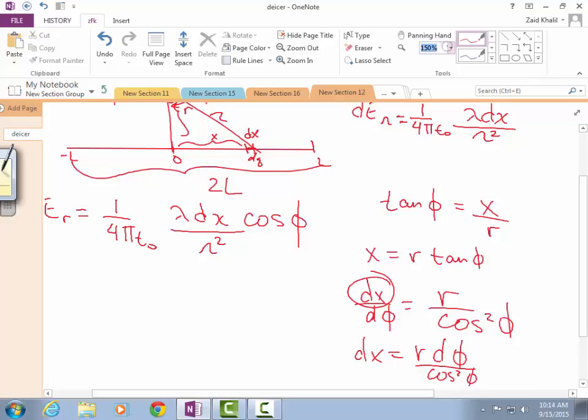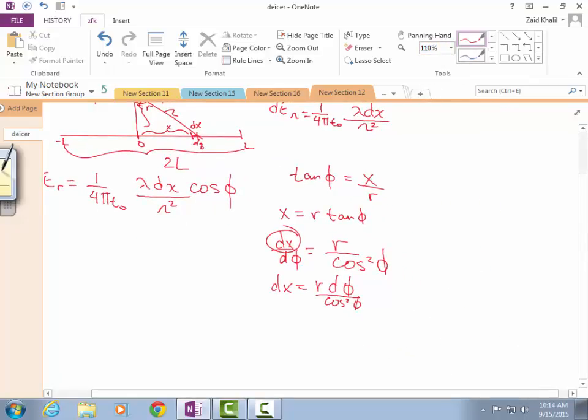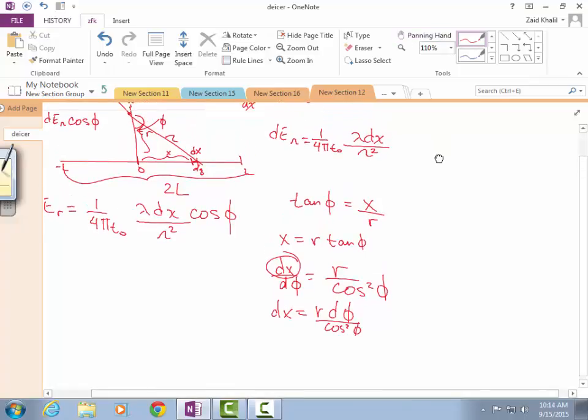So now I'm going to zoom out a little bit more. Now, I want to express this script r squared in terms of phi. How am I going to do it? Yet again, using little r. So, we say that the cosine of phi is equal to what?